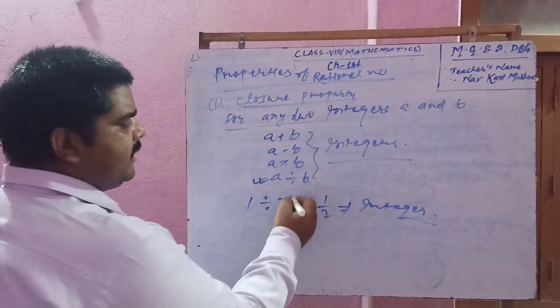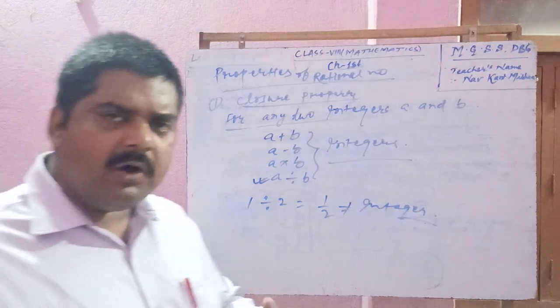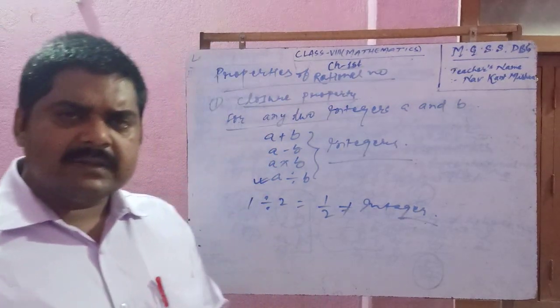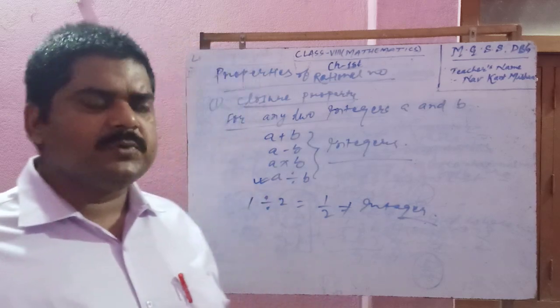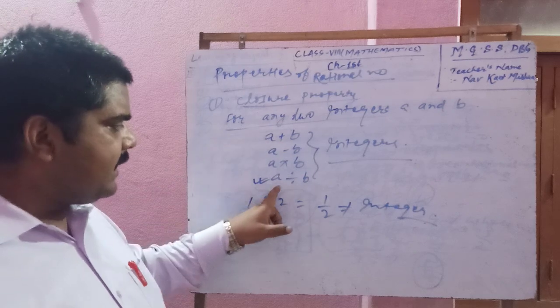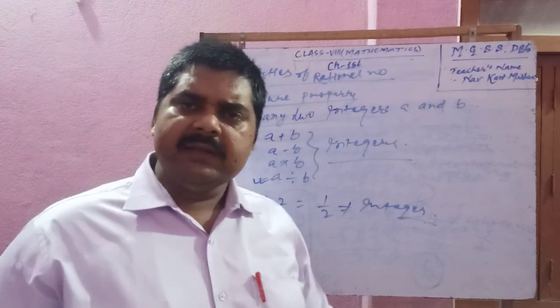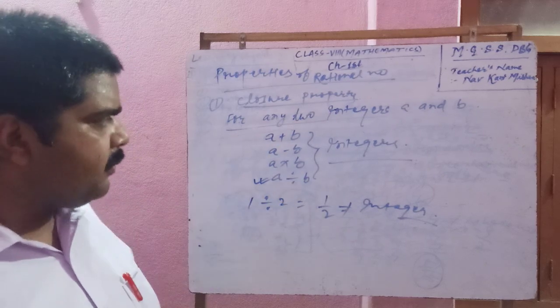So my dear students, in all other cases, the addition of two integers must be an integer, and similarly for subtraction and multiplication of two integers. But in the case of division, it may or may not follow the closure property.